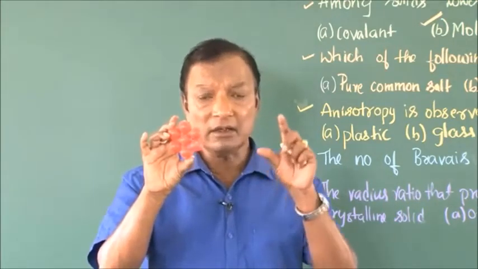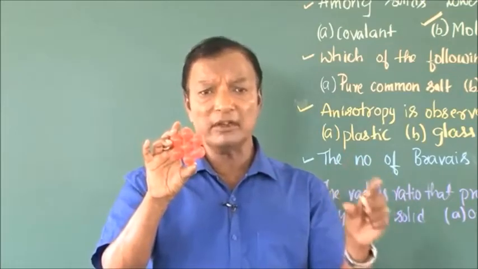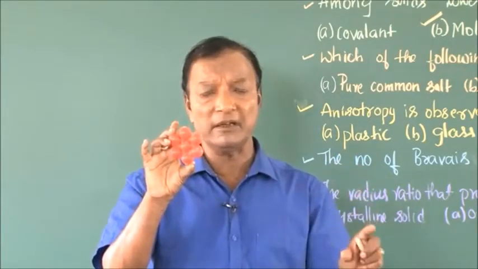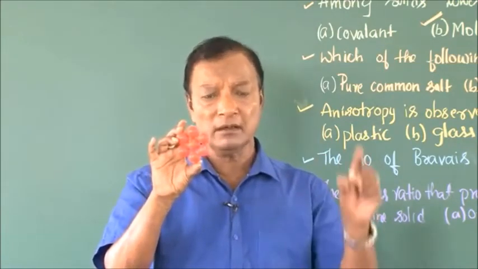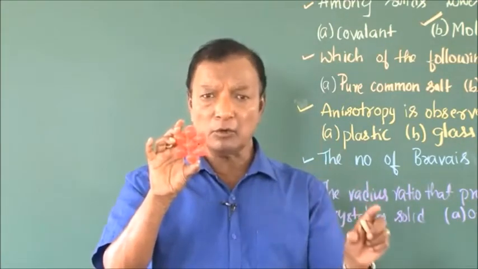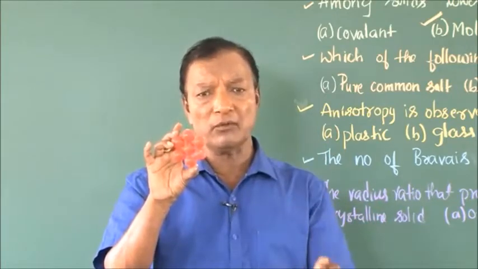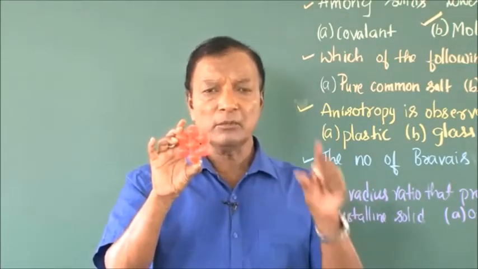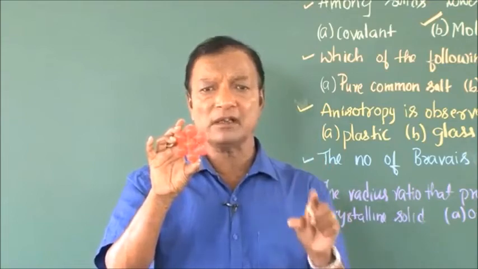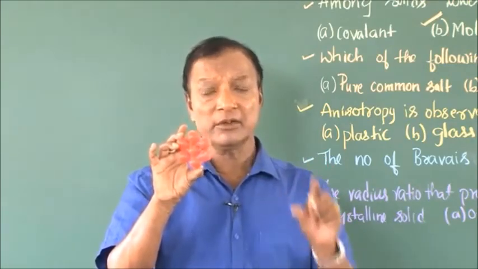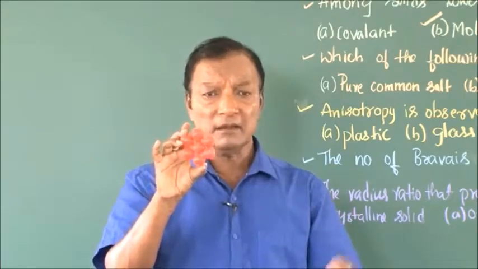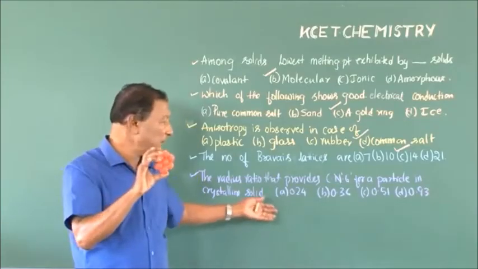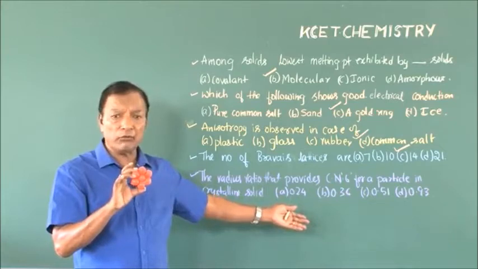And these are the 4 ranges with which we have to be quite familiar. 0.155 to 0.225, number 3; 0.225 to 0.414, number 4; 0.414 to 0.732, number 6; and 0.732 onwards, the coordination number 8. And therefore, things become as easy as we can hope for.